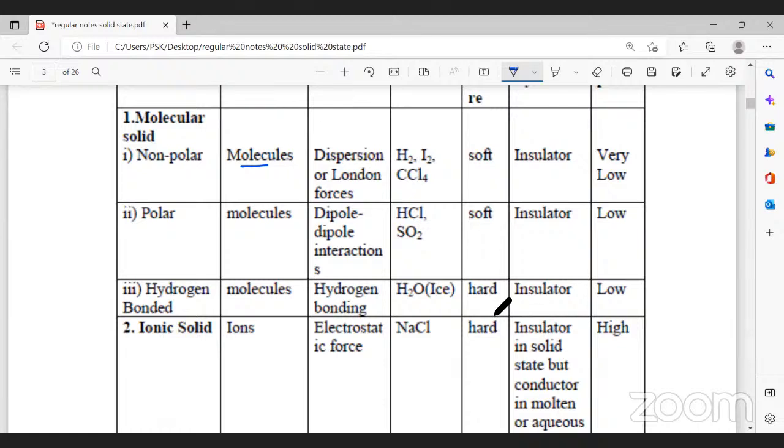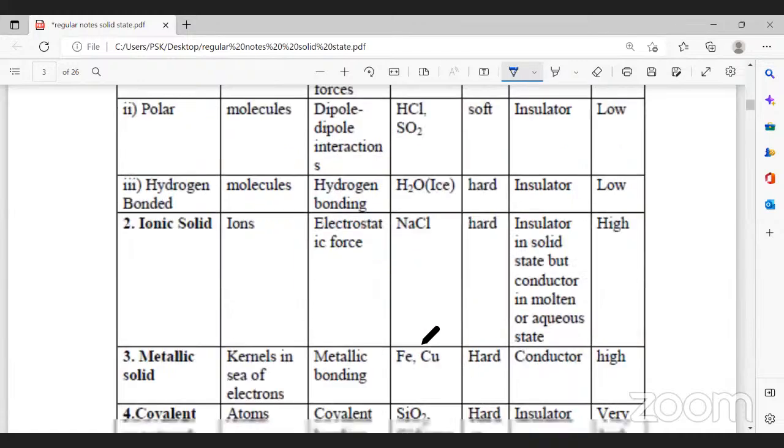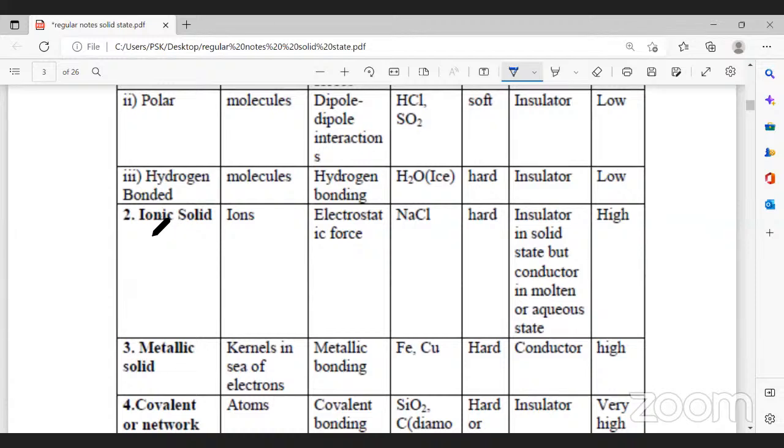I am rushing through so that we can start with a new topic, the continuation of what we have learned in the last class. The second type of solids are ionic solids. In case of ionic solids, the particles are ions, which can be a cation or an anion. Cations are positively charged ions, anions are negatively charged ions. For example, in sodium chloride, sodium will have positive charge and chlorine will have negative charge.